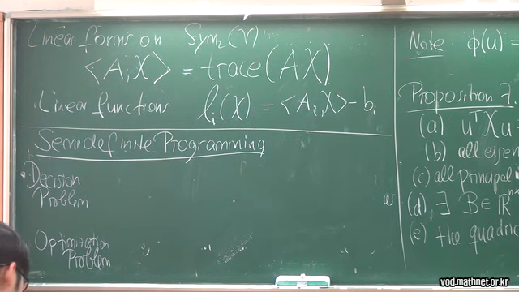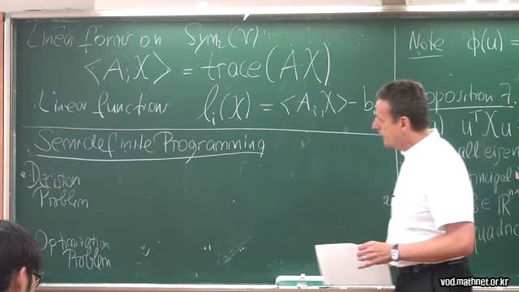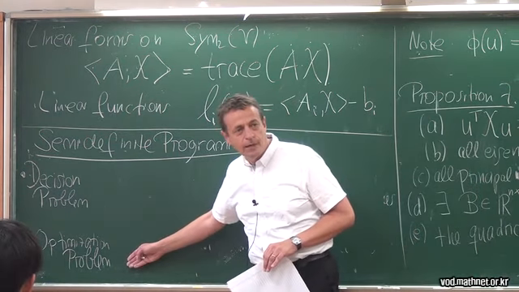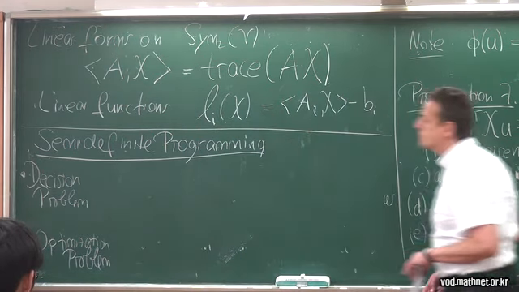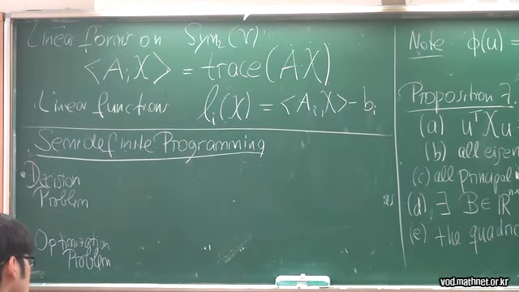And the answer is yes or no. Your computer science friends can put this in the class NP or P. So that's a decision problem. The optimization problem says, what is the shortest route of a traveling salesman tour through the 10 largest cities in Korea? And that is a number. The output here is a number. From a complexity point of view, this would be in something like sharp P or sharp P complete or something like that.